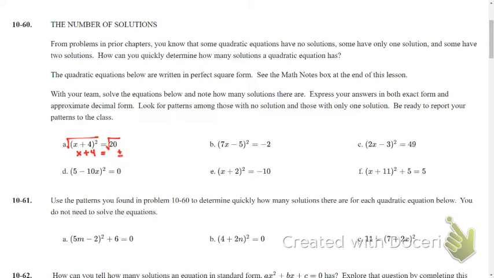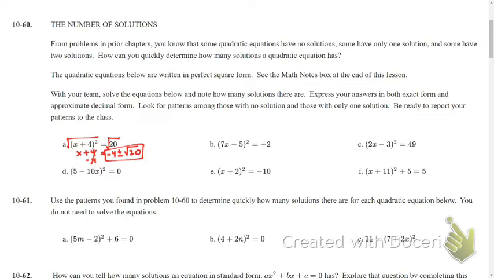So I have positive and negative square root of 20 as my answer on the right so far. And then my next step, I just subtract 4 on both sides, and x equals negative 4 plus or minus square root of 20. So I technically have two answers, right? I have negative 4 plus square root of 20, and then I have negative 4 minus square root of 20. So this one has two solutions.